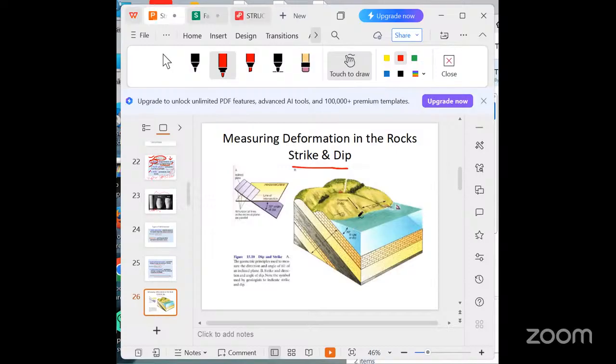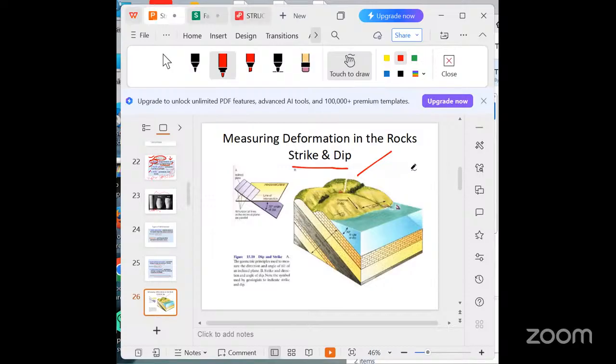So in order to make a complete descriptive analysis of the structure, it is necessary to identify and describe the concerned structural element. The structural elements are the physical or geometrical components of the structures.